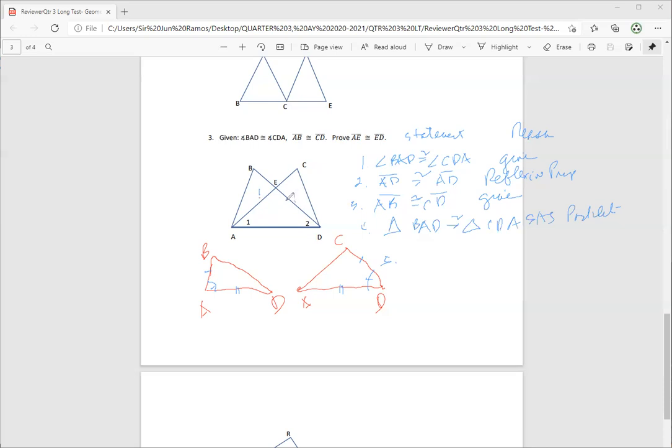Note that we have many ways to get to this, but all of them will want us to prove that this triangle, let's say, triangle A here, which is ABE, should be congruent to triangle B here, which is BCE. And if we show that triangle A and triangle B here are congruent, we can just state that AE is congruent to ED by CPCTC.